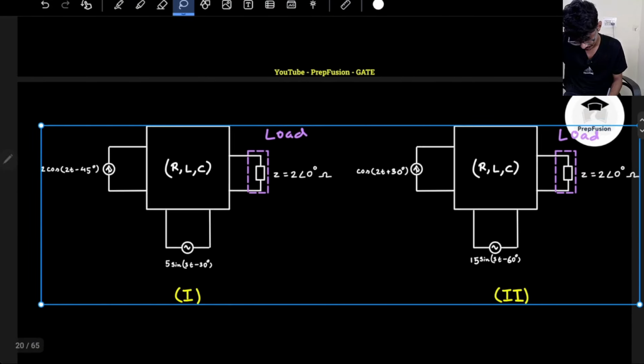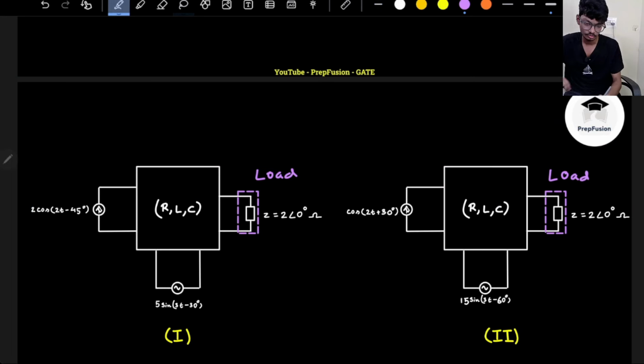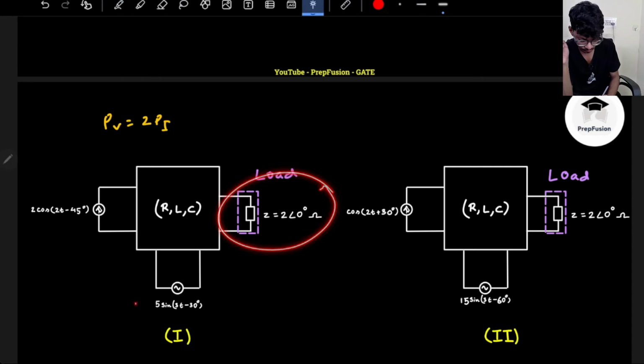So what we observe is that the overall power is 20 watts and the PV is twice the PI, and I know this is a purely resistive circuit and I know these are orthogonal.